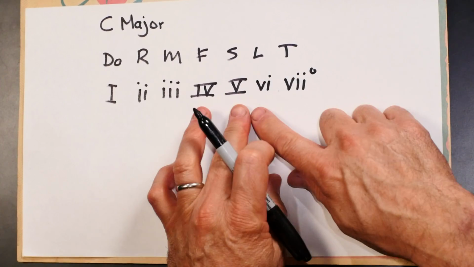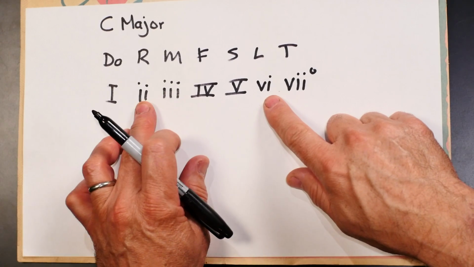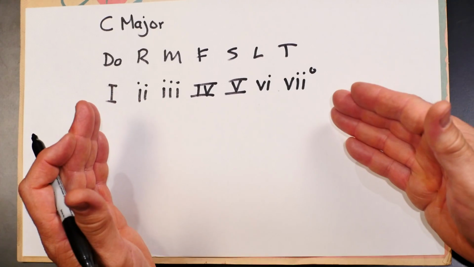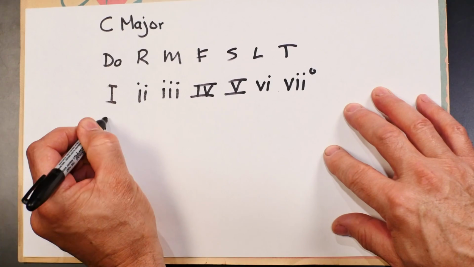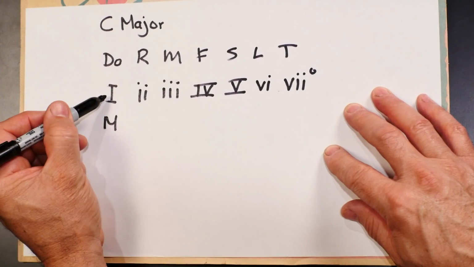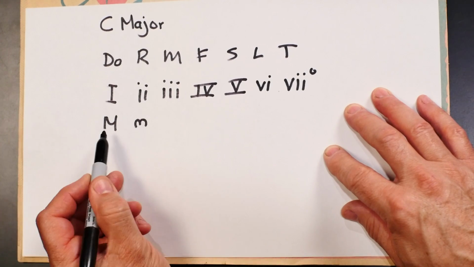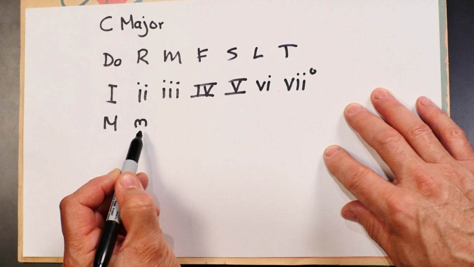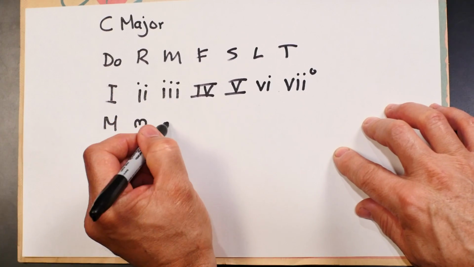Now, why are some capital or uppercase? Why are some lowercase? That has to do with the tonality of the chord. If it's a major chord, it gets capitalized. If it's a minor chord, it's lowercase, right? So pretty simple.